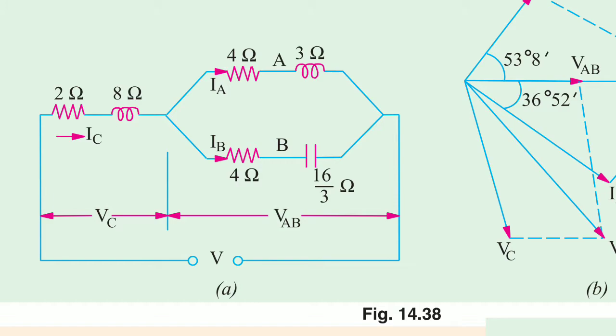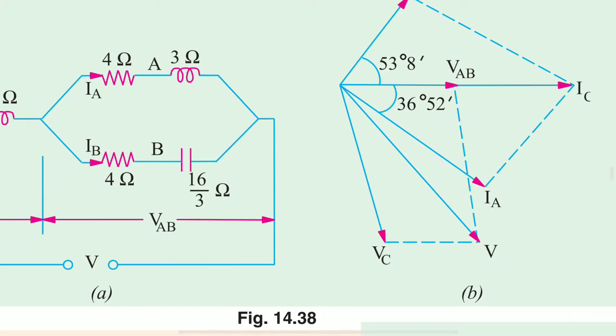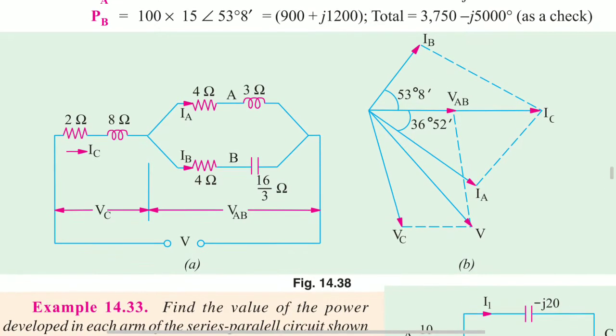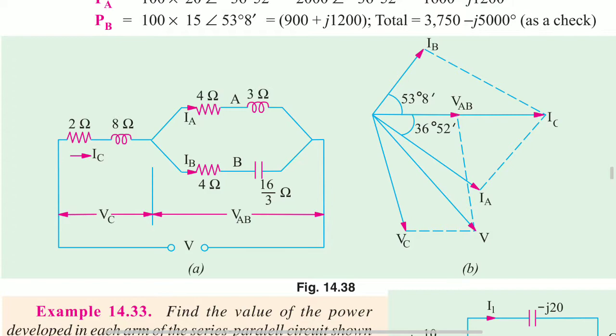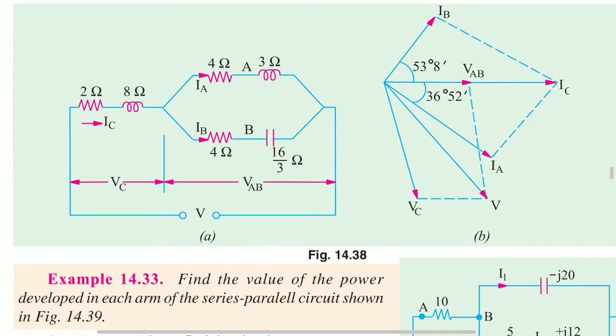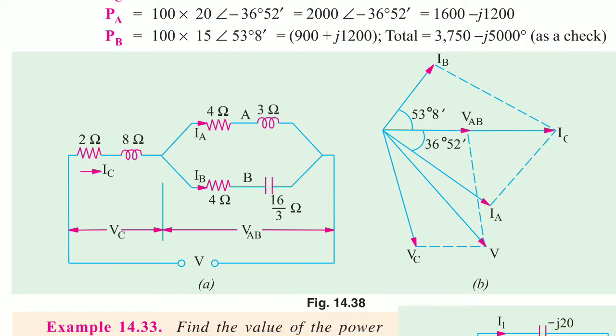So now see this one, IC is along the x-axis. It is divided into IB and IA. That means the resultant current of IB and IA gives the IC, and the voltage V gives the resultant voltage of VC and VAB.